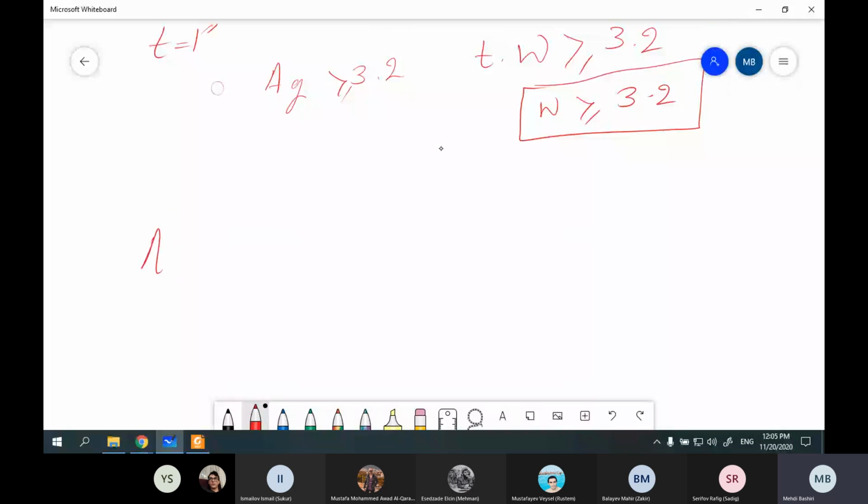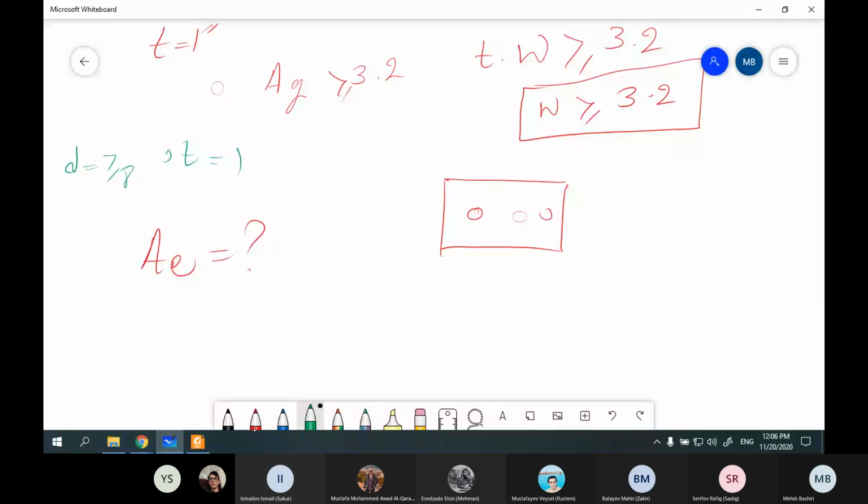What is Ae now? This is your, for example, section: just one line of bolts with the diameter of 7 over 8 and the thickness of 1. What is Ae?